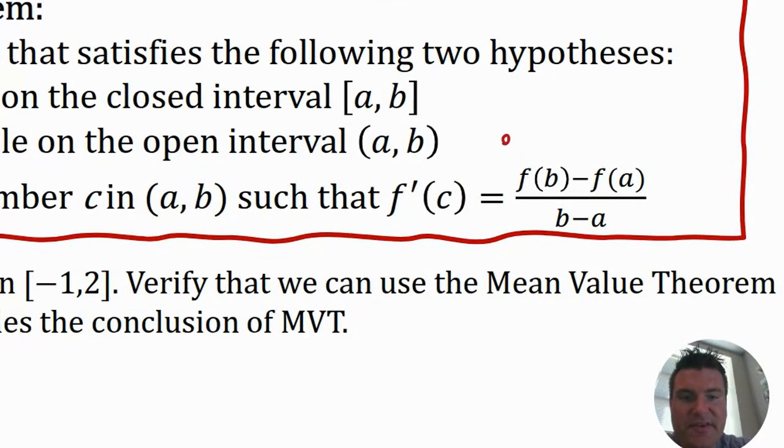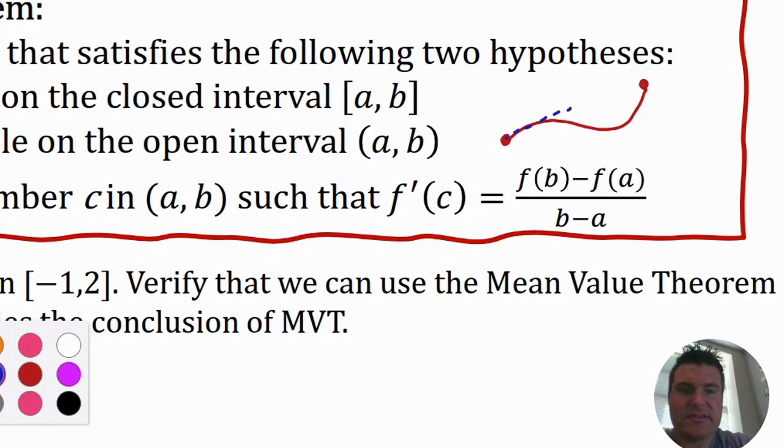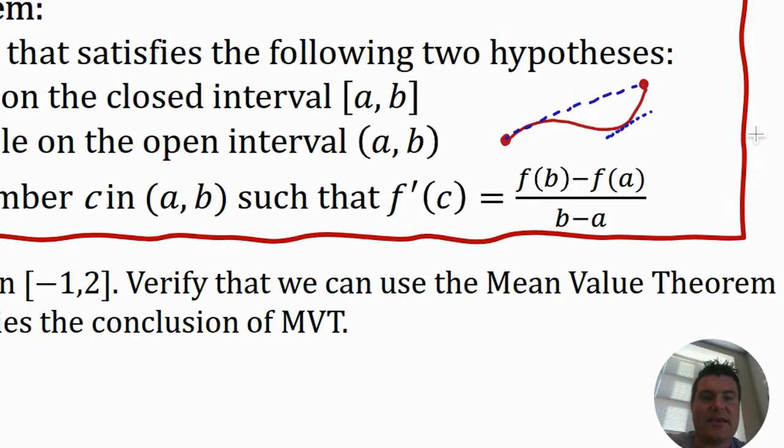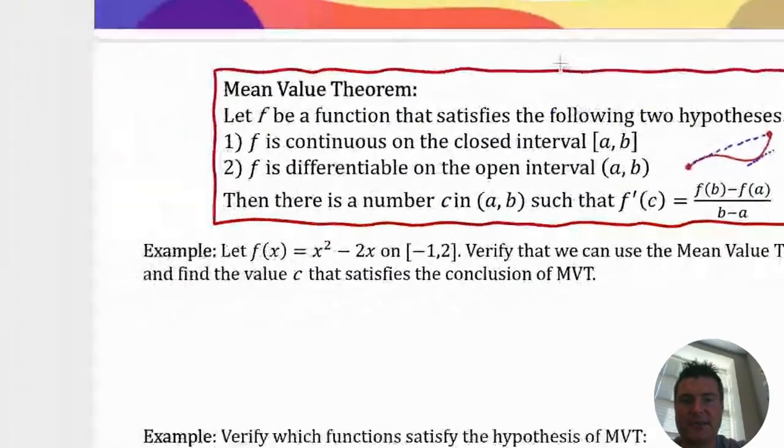If I have two points of any height, and I connect those two points, as long as I'm differentiable and continuous as I connect those points, you can see the slope of this dashed line right there is actually going to be tangent to at least one point. So I can see that that's going to happen right here. So those slopes will be parallel. So the slope of the secant line is the slope of the tangent line, at least in one spot on our graph. So that's what that says.